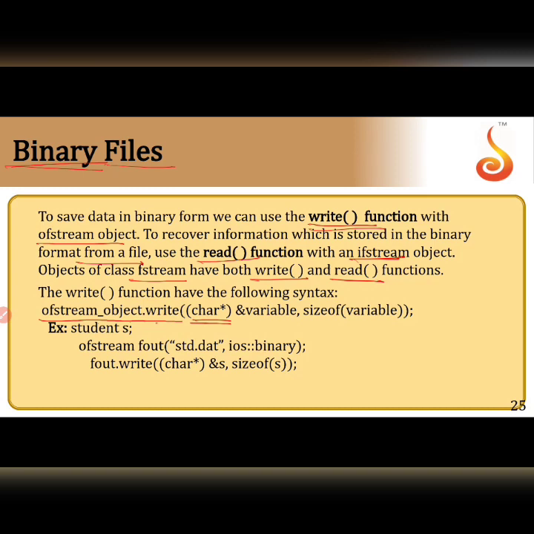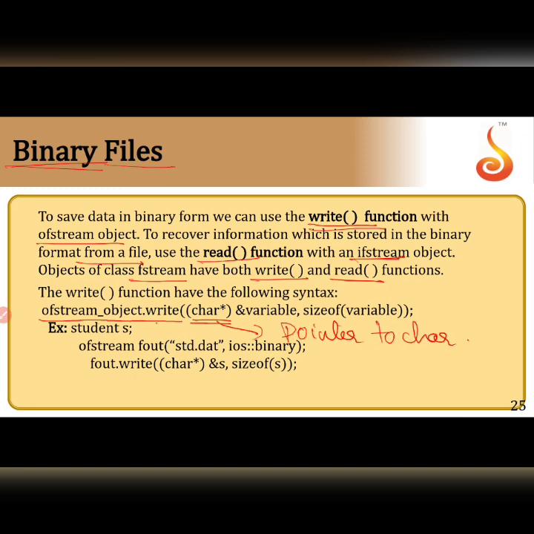Char star. When I say star, what is that? It is a pointer to char. So, it's a pointer to char which points to an entire block of memory which can hold an entire array or an entire structure or an object.